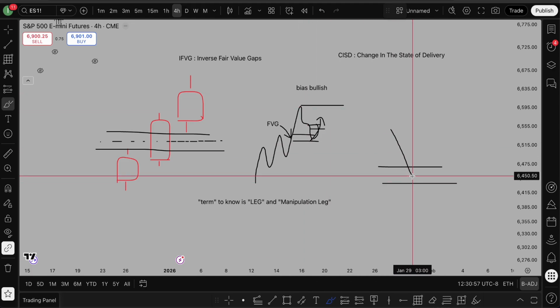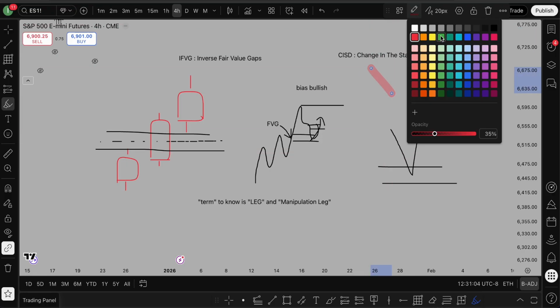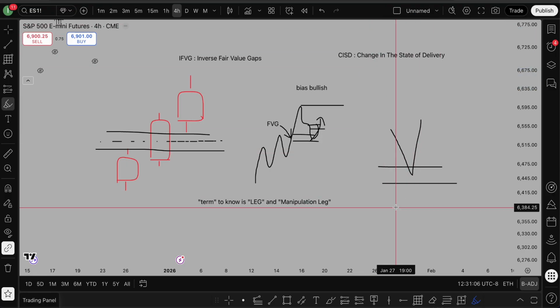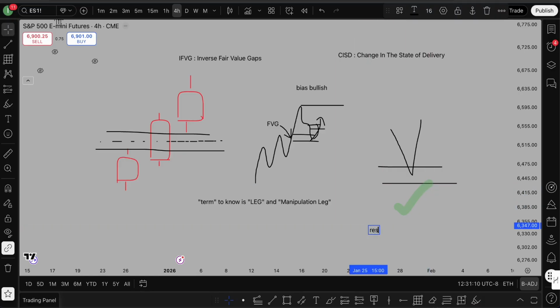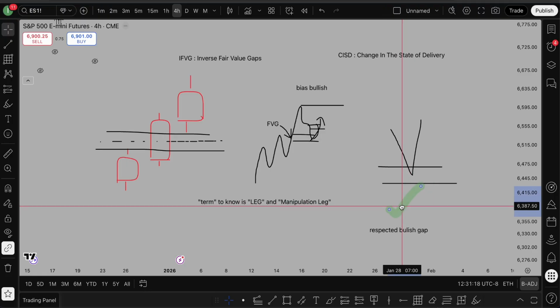So when we came back down into our gap, right, we respected it, right? Boom. We came back into the gap, and we respected the bullish gap. Hence why there's a green check mark, right?